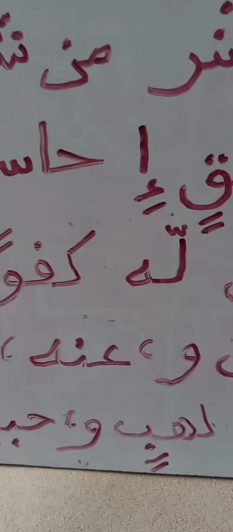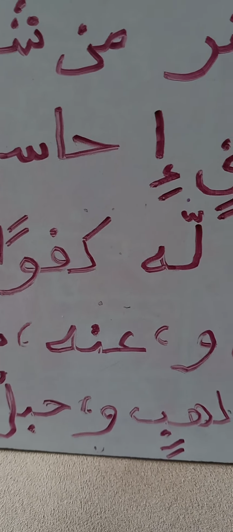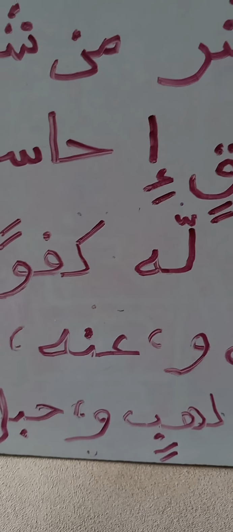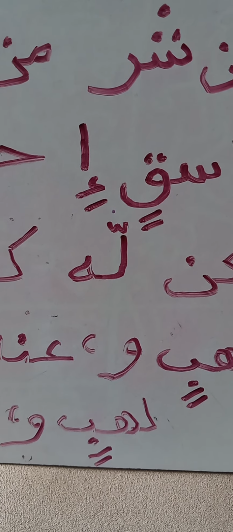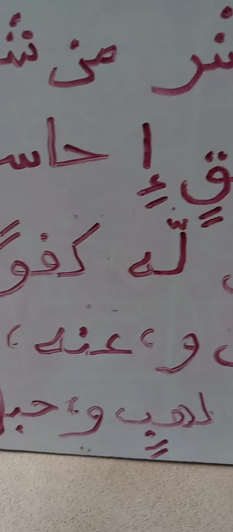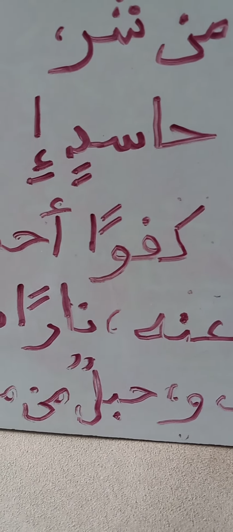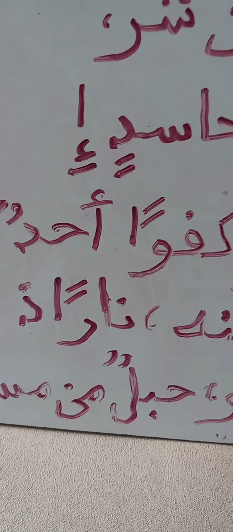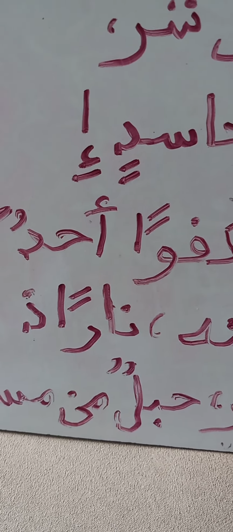Alif, ha, kha, hamza, ayn, ghayn. These are letters of the clear. So that's why you don't say ghasiqin idha. No, you clear it. Same thing for hasidin idha. There's no combination of sound. There is no muffle or nasalization or adding of any letters there.